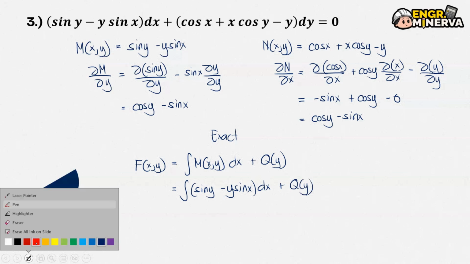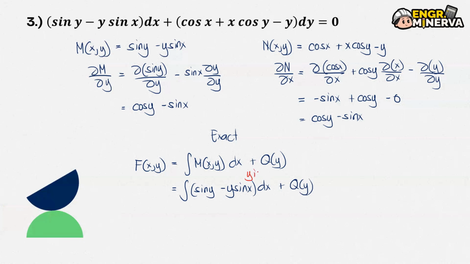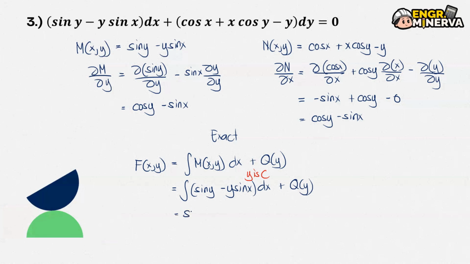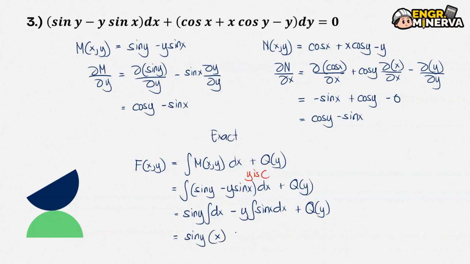Since we are integrating with respect to x, y is constant, so we can factor out y here. Minus y integral of sine x dx plus a function of y. So that would be sine y multiplied by x minus y. The integral of sine x would be negative cosine x, plus a function of y.